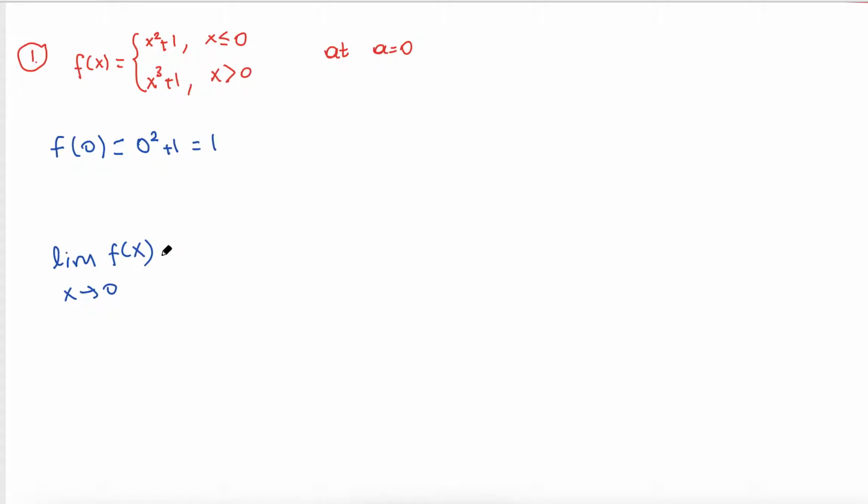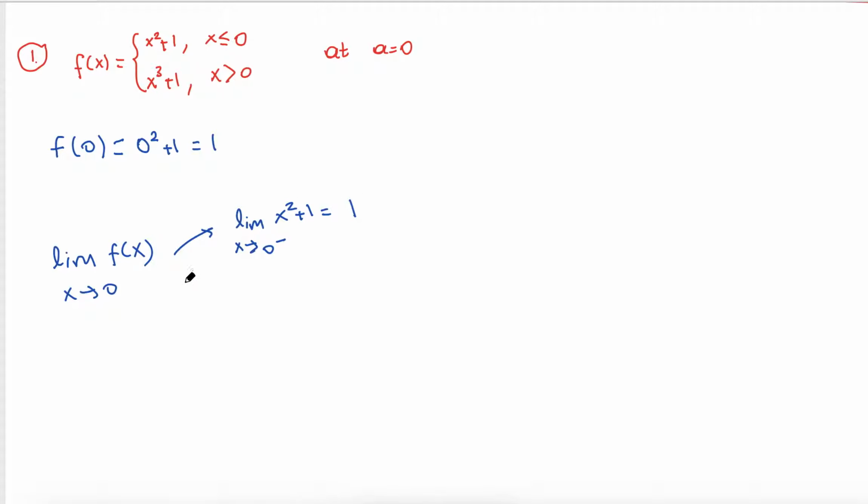Now, in order to evaluate the limit at 0, we have to look at the left and right limits around 0 because our function changes at 0. So let's take a look at the left limit. In this case, we would use x squared plus 1.